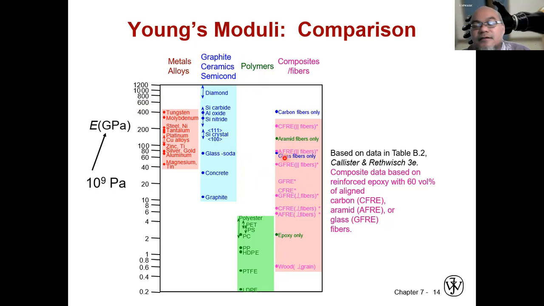Composites, on the other hand, have a wider range of Young's modulus because it can be tuned by adjusting the composition of the composite, whether you are mixing, for example, polymer with metals or polymer with ceramics, and also what is their weight percentage. It will determine the eventual material property, including the Young's modulus of that composite.